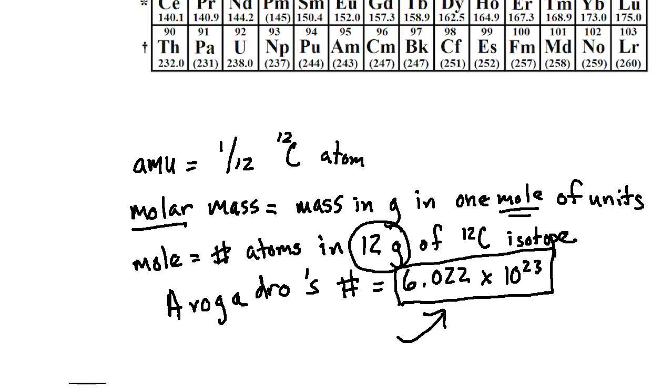So the best thing that I can equate this to, if you're struggling to understand this, is think of a term that always has the same meaning as far as numbers go. A good example would be a dozen. If I tell you a dozen, that holds the same meaning no matter what I'm talking about. I could be talking about a dozen computers, bowling balls, donuts, pencils, students, cars, cats. It doesn't matter. A dozen is always referring to 12.